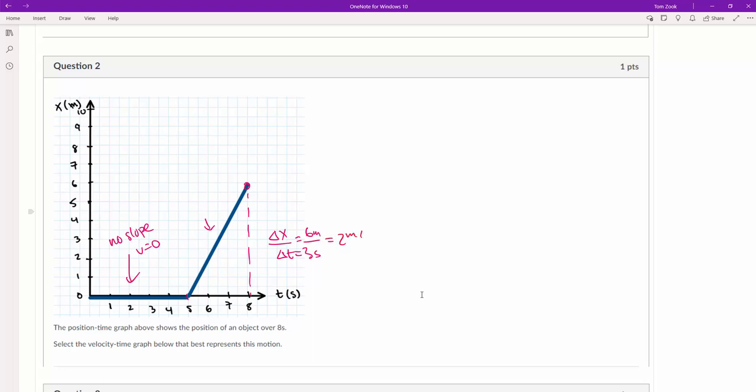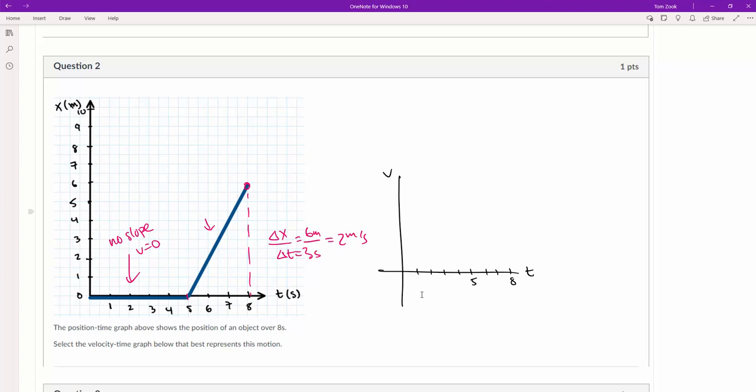So we'd want a velocity versus time graph that's got nothing for the first 5 seconds. So if I draw time versus velocity here, for the first 5 seconds, nothing, and then from 5 to 8, we're going to have a positive 2. So let's write some of this out here. 1, 2, 3, 4, 5, 6, 7, 8. 1, 2, 3, 4, 5.